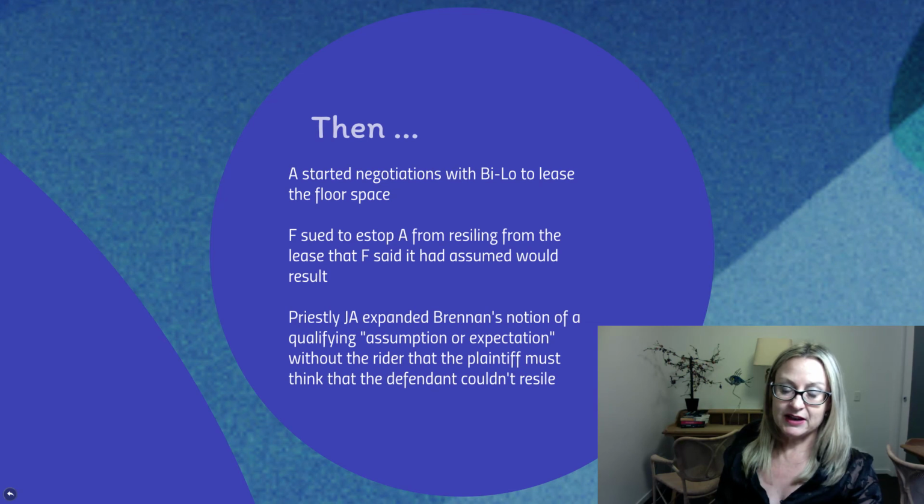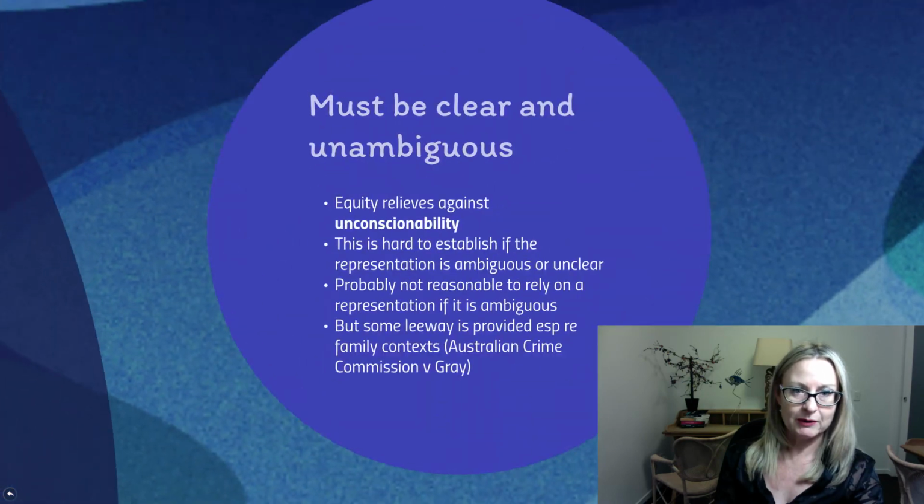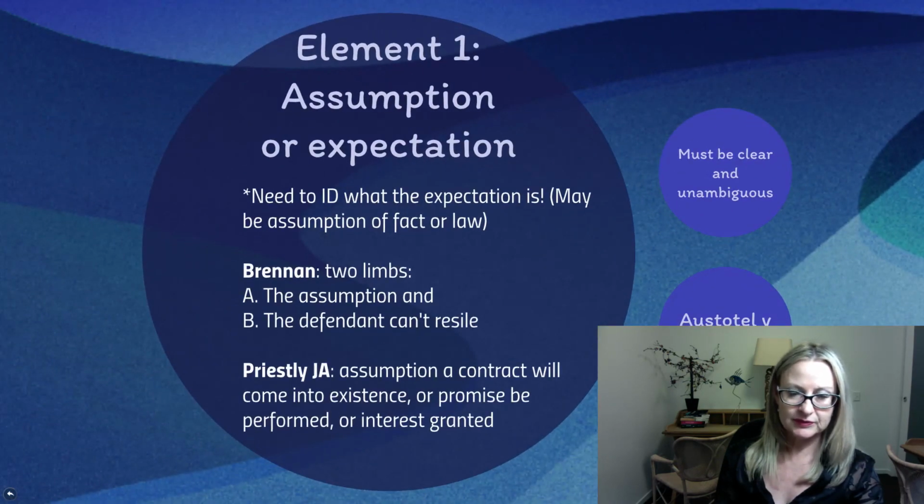And Priestley there, as you'll see, expanded Brennan's notion of a qualifying assumption. So what will actually qualify as an assumption for the purposes of equitable estoppel. And Priestley said all you need is those assumptions. Let's have a look here. The assumption that a contract will come into existence or a promise be performed or an interest granted.